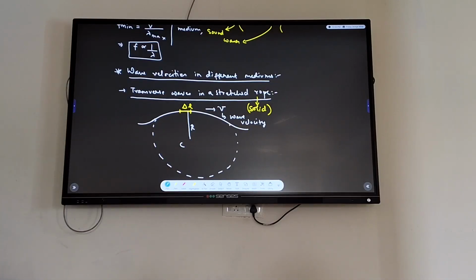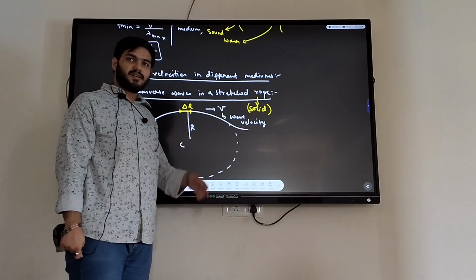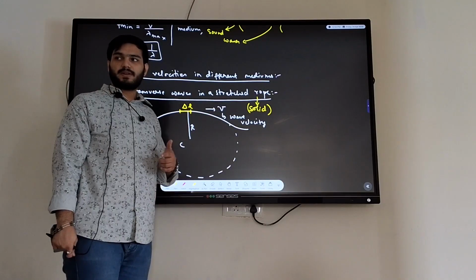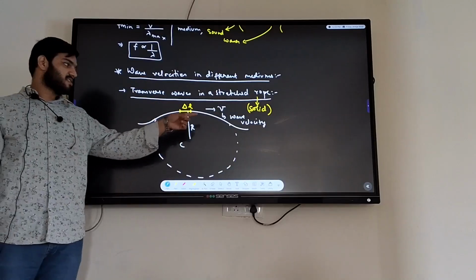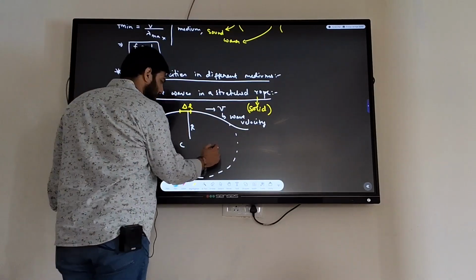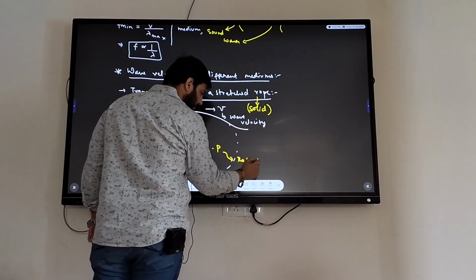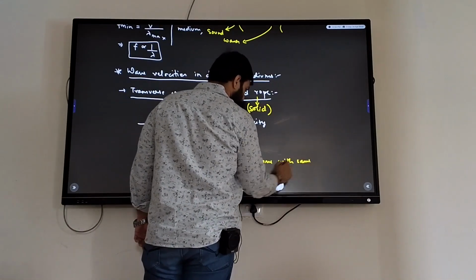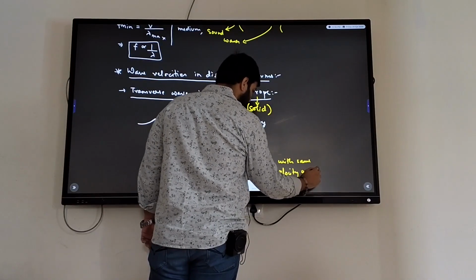For finding what V is, we will not consider the wave movement at all. We will consider the rope movement. Let's consider an observer moving with the same velocity as the wave, a person B. It's a reference frame with the same velocity as the wave.